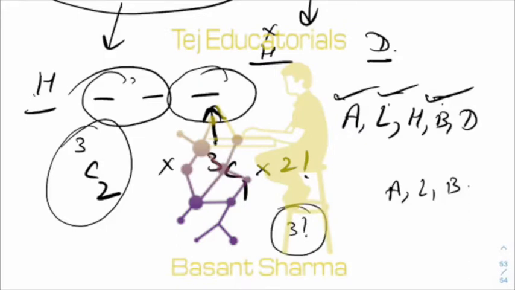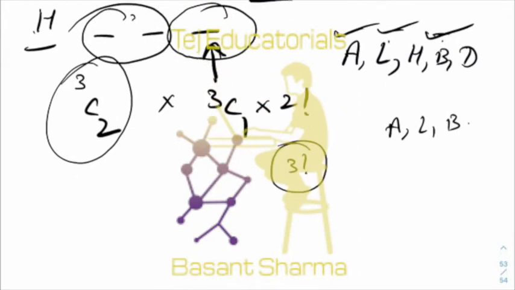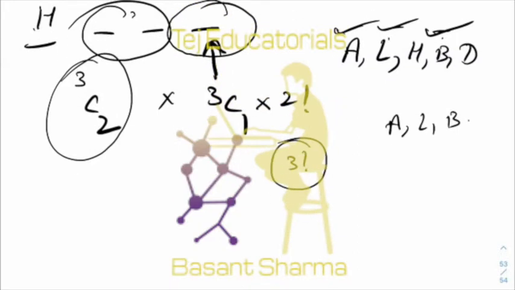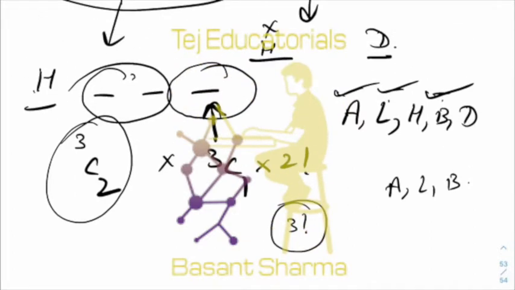In 3 factorial, there will be a case when D comes at the last place also. You have to prevent that. You have to ensure that D does not come at the last place. So you have to pay attention to whether overcounting or undercounting occurs, or whether there are redundant cases or not.